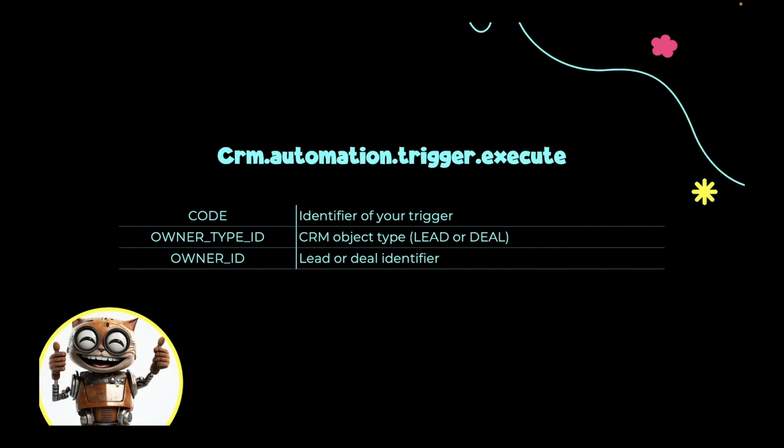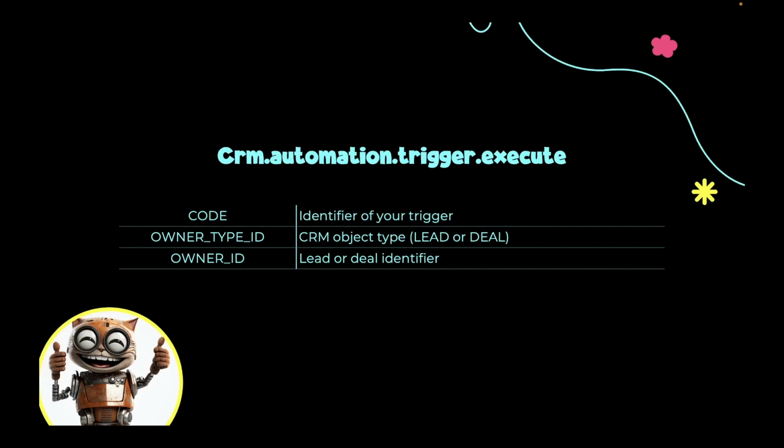lead. It's important to understand that the application must inform Bitrix24 about which CRM object the external event pertains to. Taking our example of an invoice payment in an external system, the application, armed with the paid invoice's ID, should locate the associated deal and then execute the trigger.